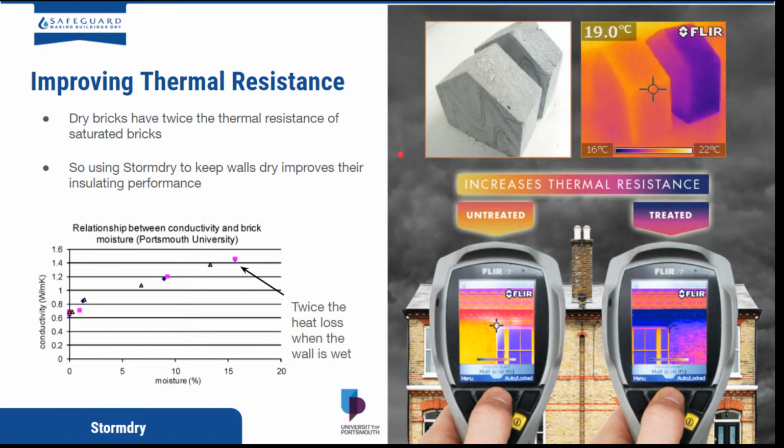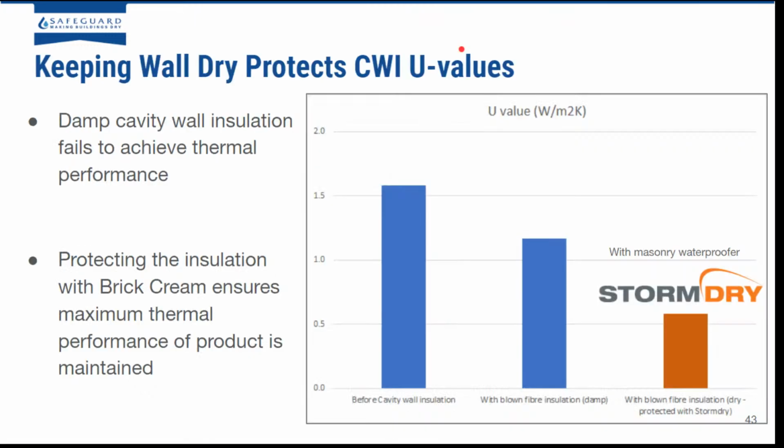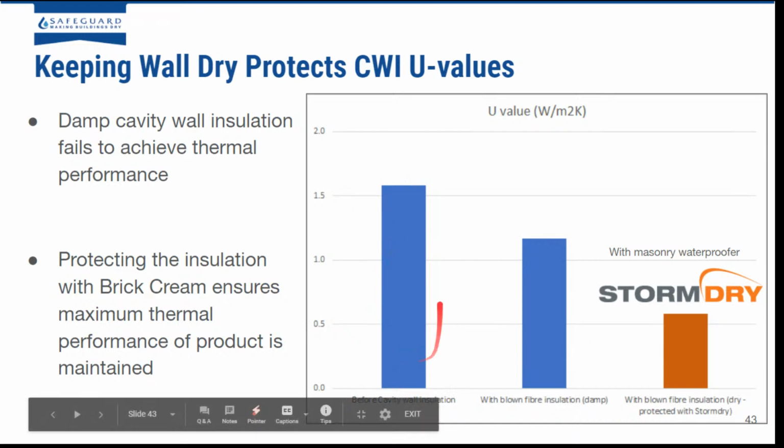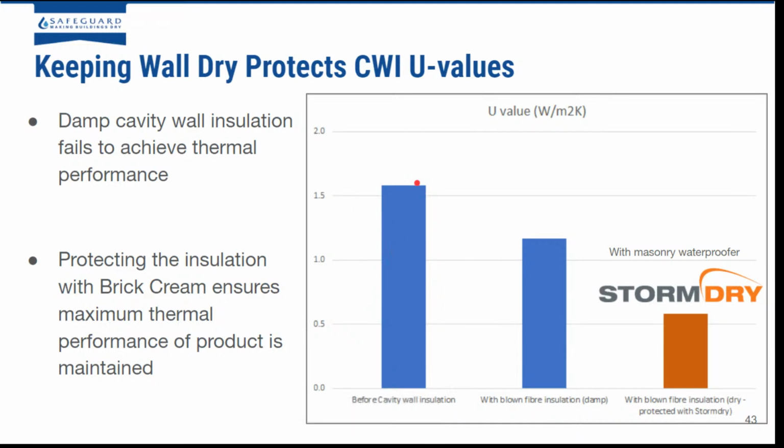It also improves the thermal resistance itself. So dry bricks have twice the thermal resistance of saturated bricks. So using Storm Dry can help keep the thermal performance of your wall, as well as protecting your cavity wall insulation. So if you install cavity wall insulation into a property but it becomes damp, it's actually not doing its job of insulating. So before cavity wall insulation, a cavity wall has a U value of about 1.6.